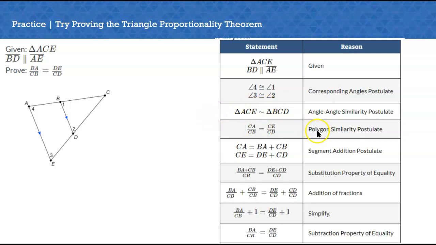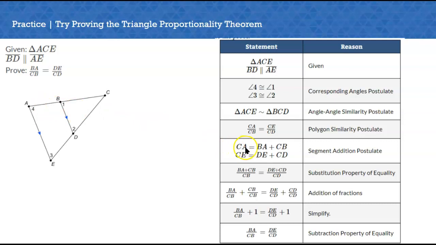We can then go to the polygon similarity postulate, which says that if CA divided by CB is equal to CE divided by CD, then the polygon is similar. Now we can say that CA is equal to BA plus CB. Now let me show you what that means really quick. So CA is this line right here.